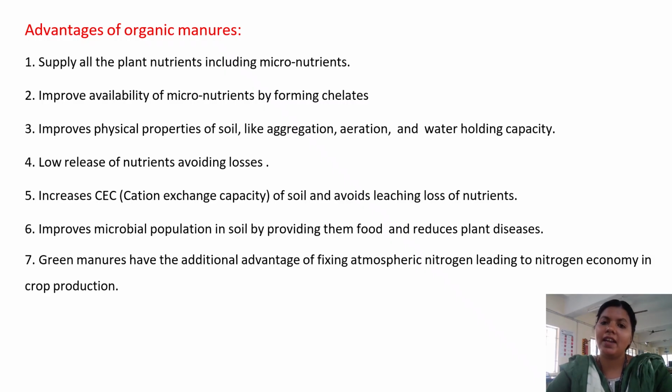Organic manure contains many complex forms of nutrients, and it also improves the soil physical properties. Aeration will be good, soil water holding capacity will be good, cation exchange capacity will be good, and very importantly, soil microorganism activity is found to be increased in fields where organic manures are applied.